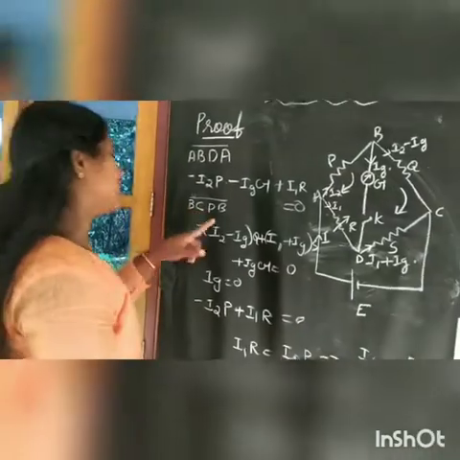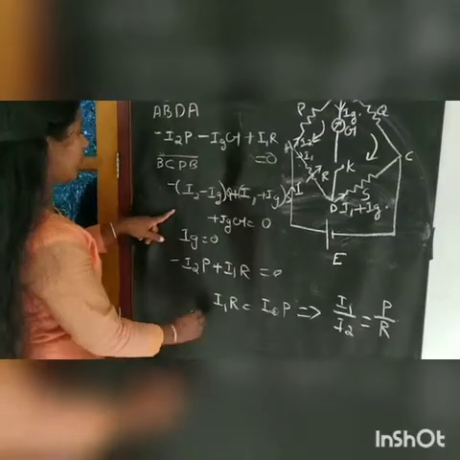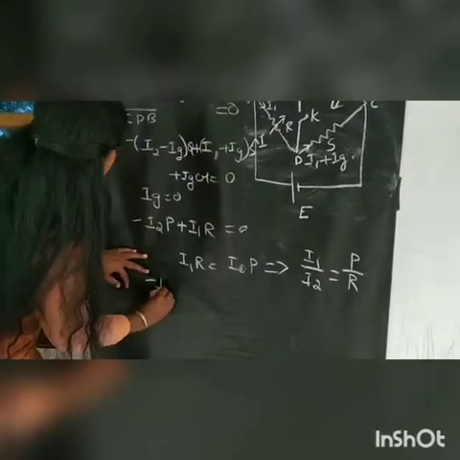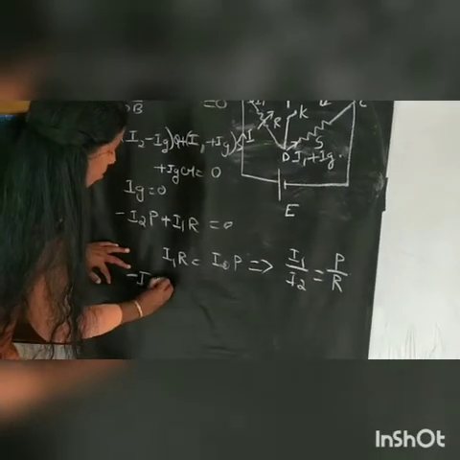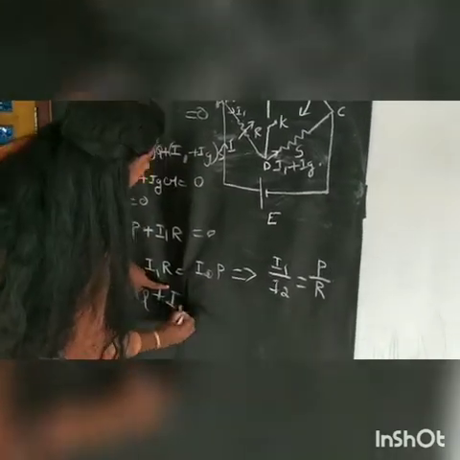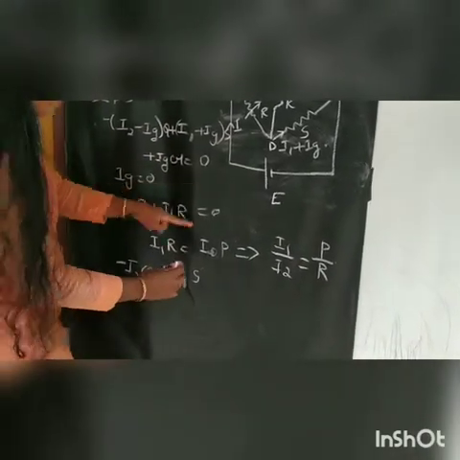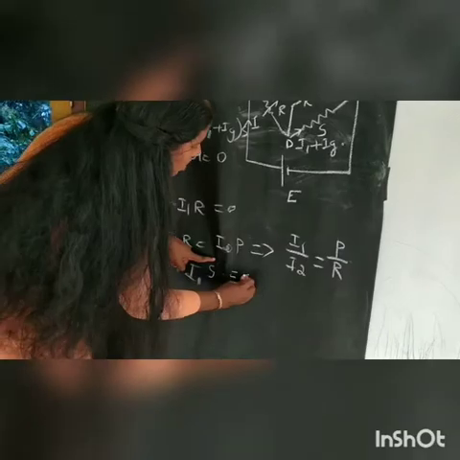Next, from the second equation with IG equal to 0, we get minus I2 Q plus I1 S equal to 0.